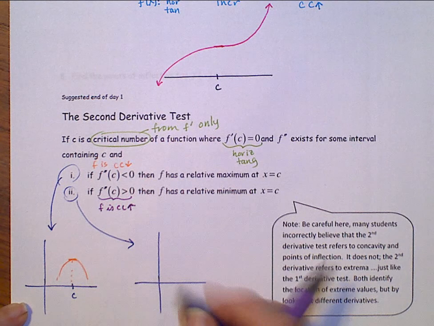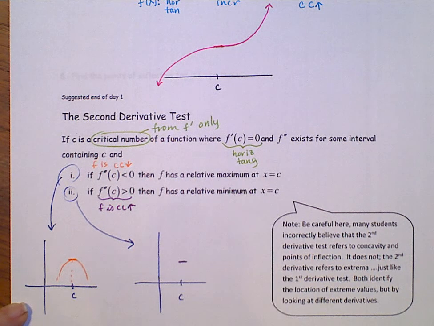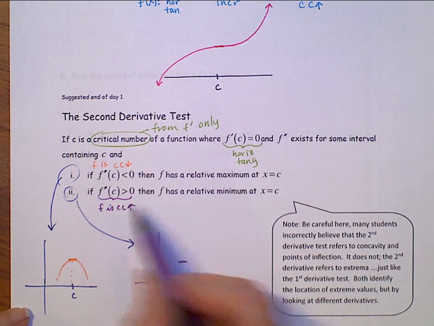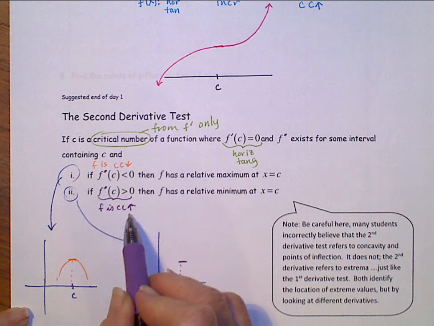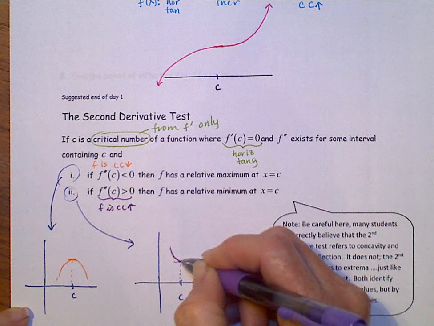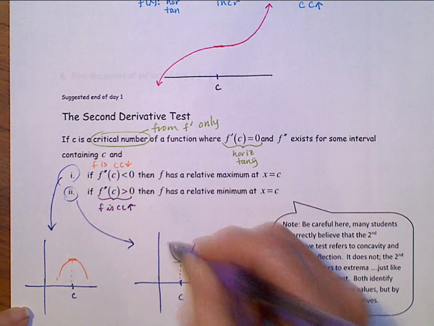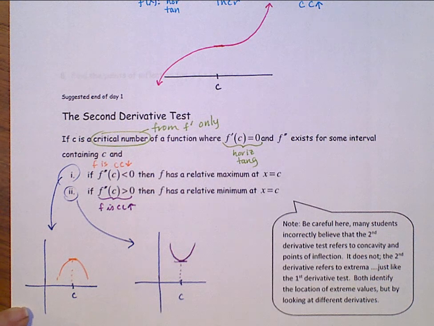Some spot C, horizontal tangent, and at this point C, the function is concave up. Something like that. Then that point C has to be a relative minimum.